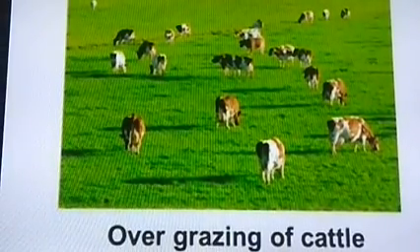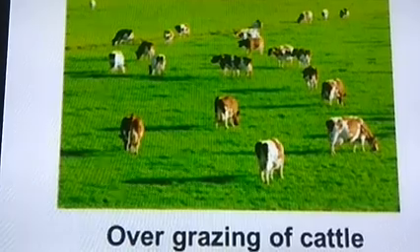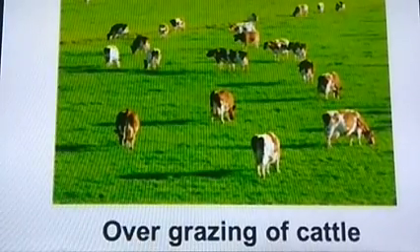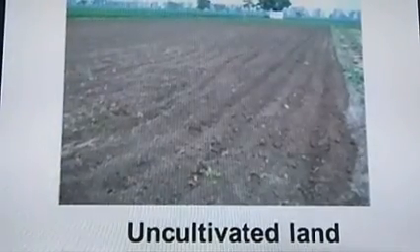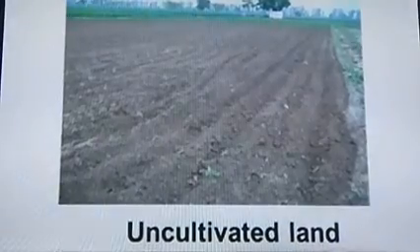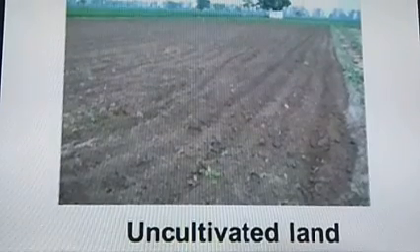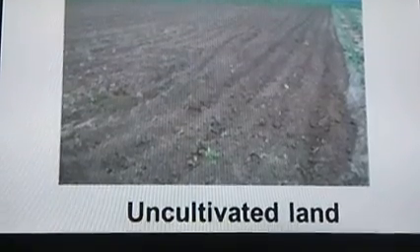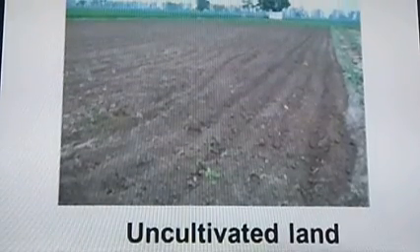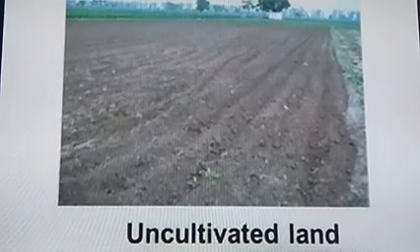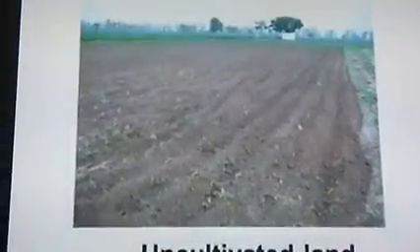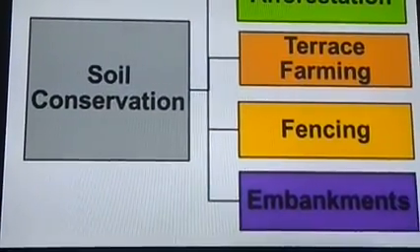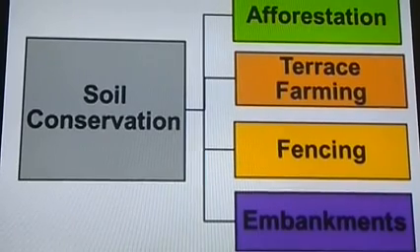So too much overgrazing also causes erosion by animals. The next factor is uncultivated land, also caused by humans. Too much plowing of the farmland by humans also loosens the soil and leads to soil erosion. Now, this was all about soil erosion.